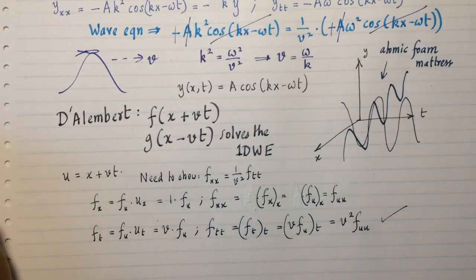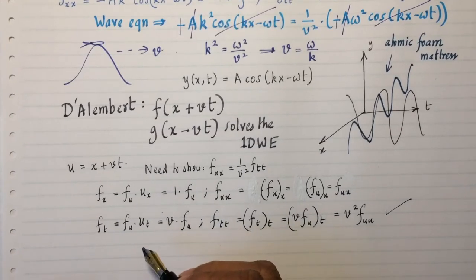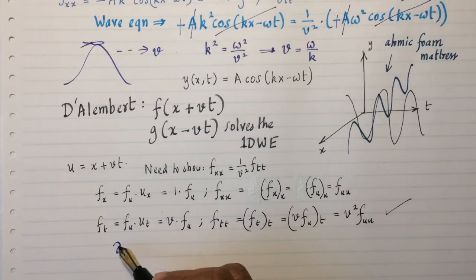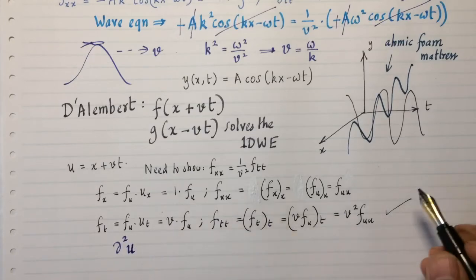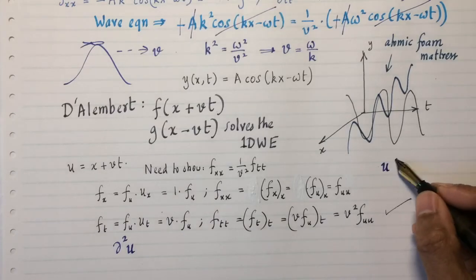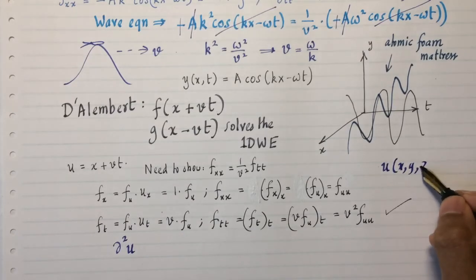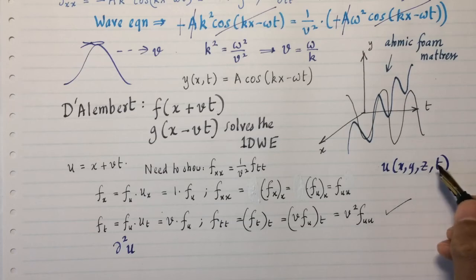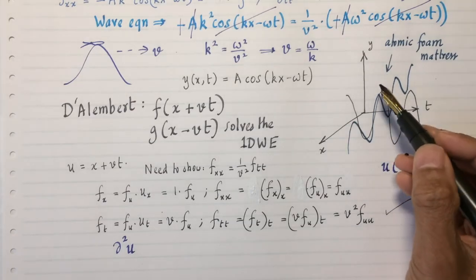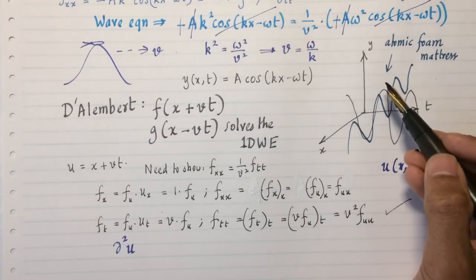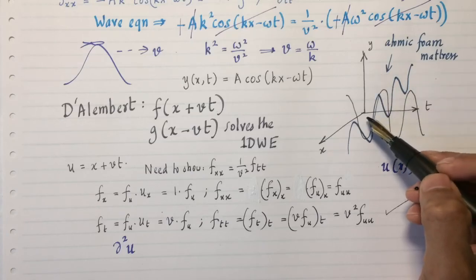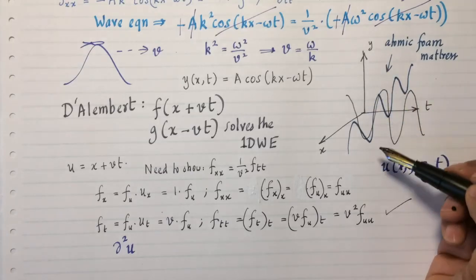In honor of D'Alembert, the three-dimensional wave operator is called the D'Alembertian operator. So in 3D, this wave equation looks a little more complicated. It's del squared. I'm going to use the symbol u as a function of x, y, z, and t. It is already hard for me to plot the solution to the 1D wave equation, because I needed the y-axis to tell me how big the wave is.